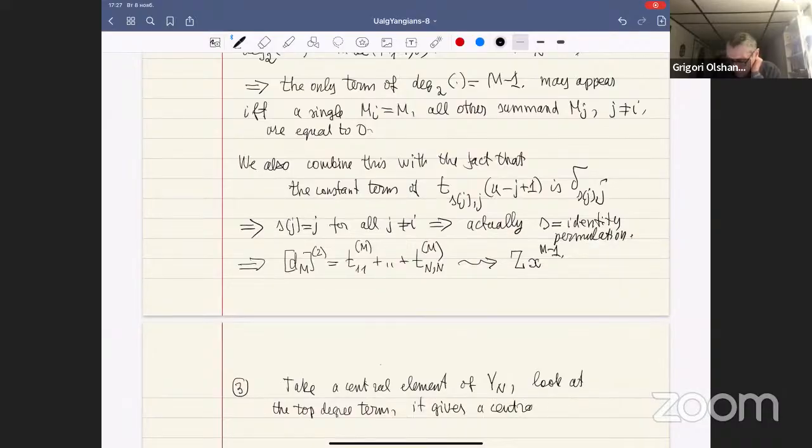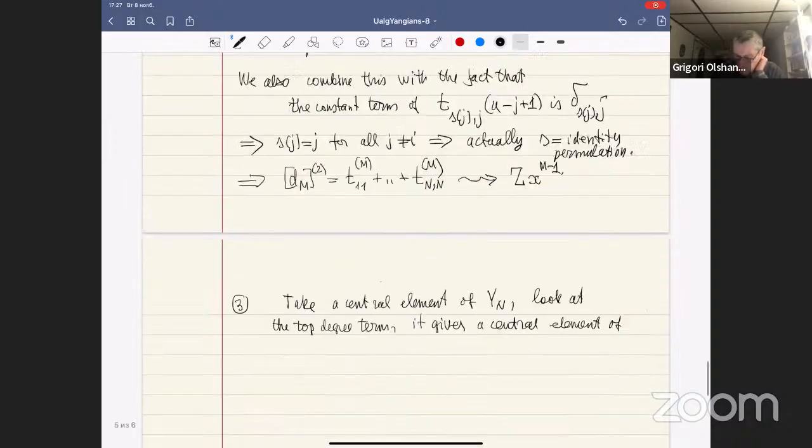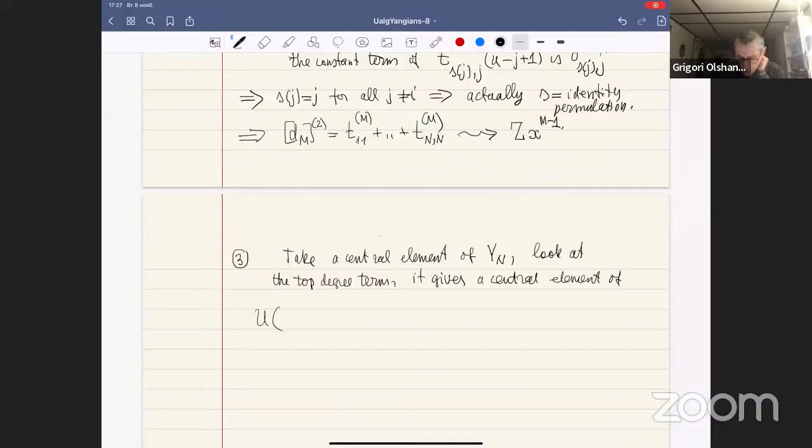a central element of... so it is a polynomial in these elements.